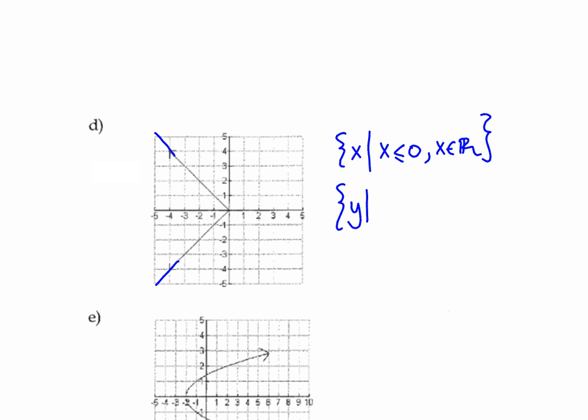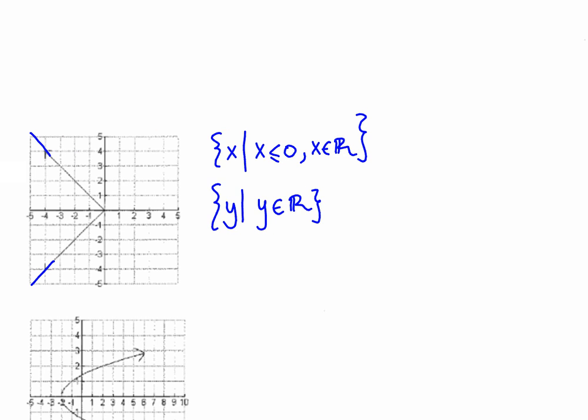Infinity. How far down? Negative infinity. How do we say that in set notation, if it's all numbers, forever up and forever down? y is an element of the real numbers. Okay, so there's set notation.